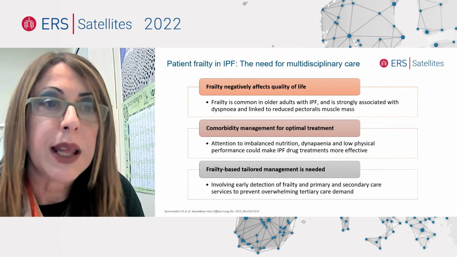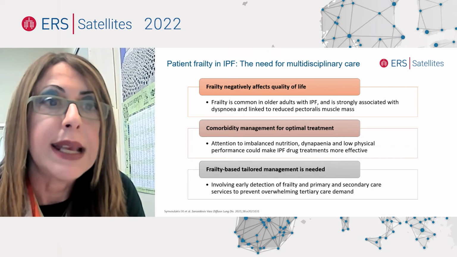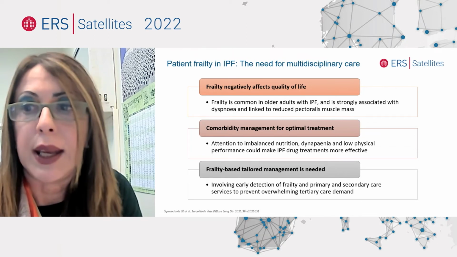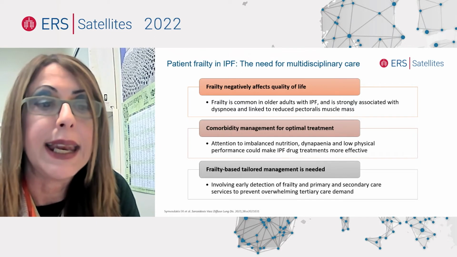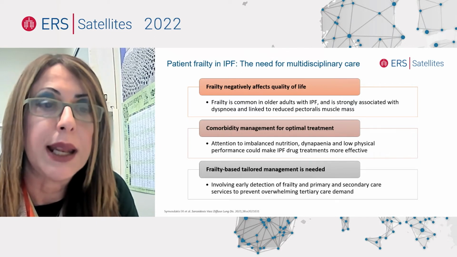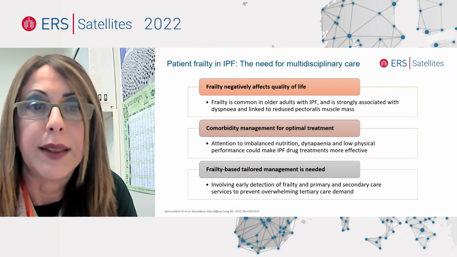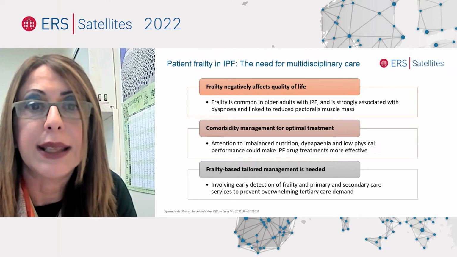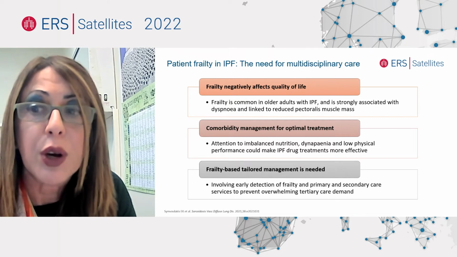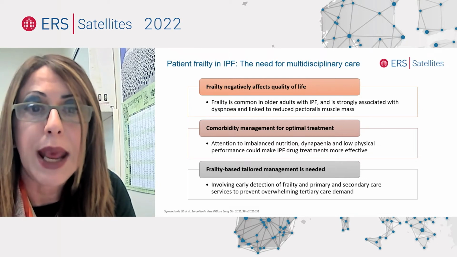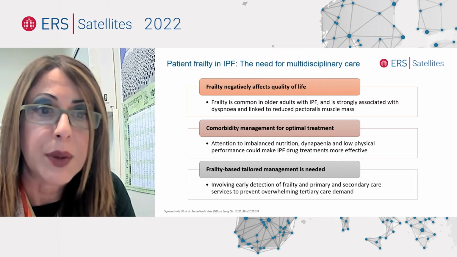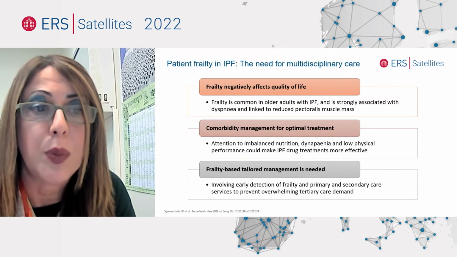One more concept that I would like to share with you is the frailty issue in pulmonary fibrosis and the need for a multidisciplinary approach. We know that frailty is common in aging and older adults with IPF, strongly associated with dyspnea and reduced muscle mass in our patients.